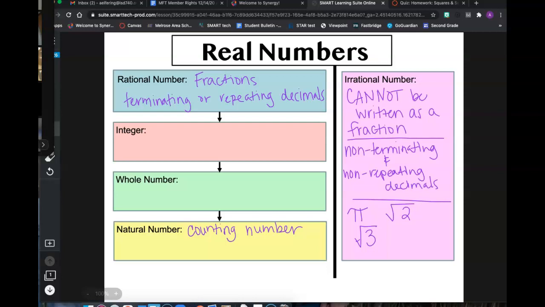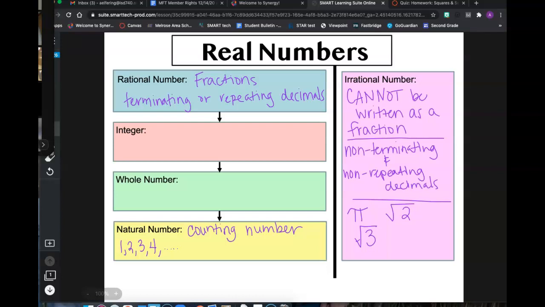Maybe you used your toes and went to 20. But we know that they can keep going. Natural numbers are counting numbers, starting with 1. So it's 1, 2, 3, 4, and so on. 5, 6, 7, 8, 9, 10. 592 is a counting number, because we could count there.